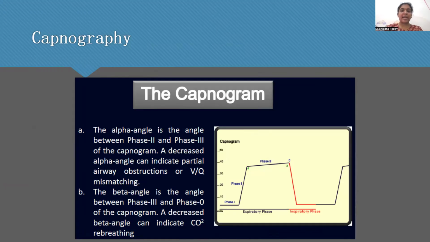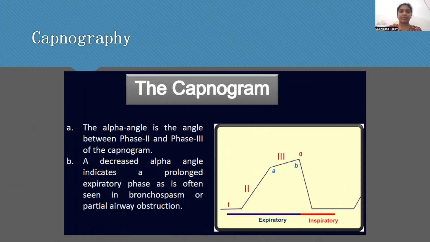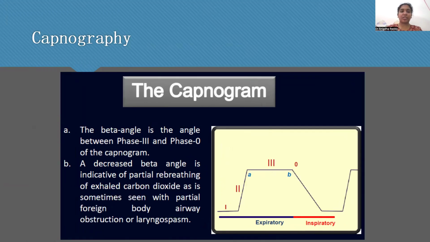The capnogram has two angles. There is an alpha angle between phase 2 and phase 3 and a beta angle between phase 3 and phase 4. So an alpha angle that is changed can indicate partial airway obstruction or ventilation perfusion mismatch, whereas a decreased beta angle can indicate carbon dioxide rebreathing. A decreased alpha angle indicates a prolonged expiratory phase, which is often seen in bronchospasm or partial airway obstruction.